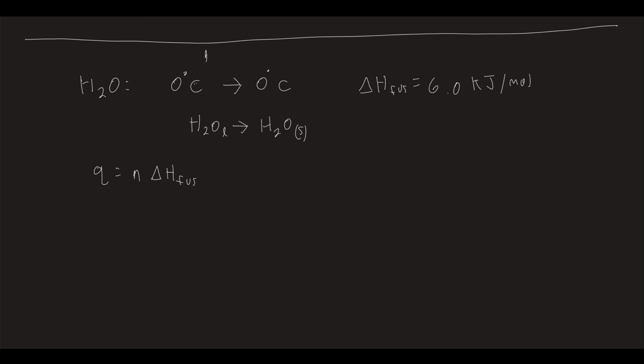And let's again say we have 100 grams. So we need to do one thing. We need to take water from grams to moles. So we'll take 100 grams of H2O.